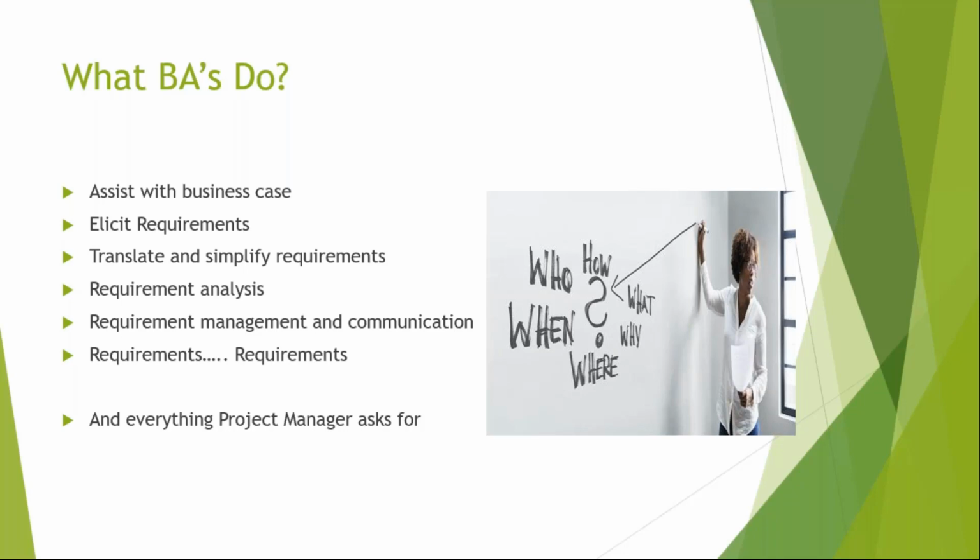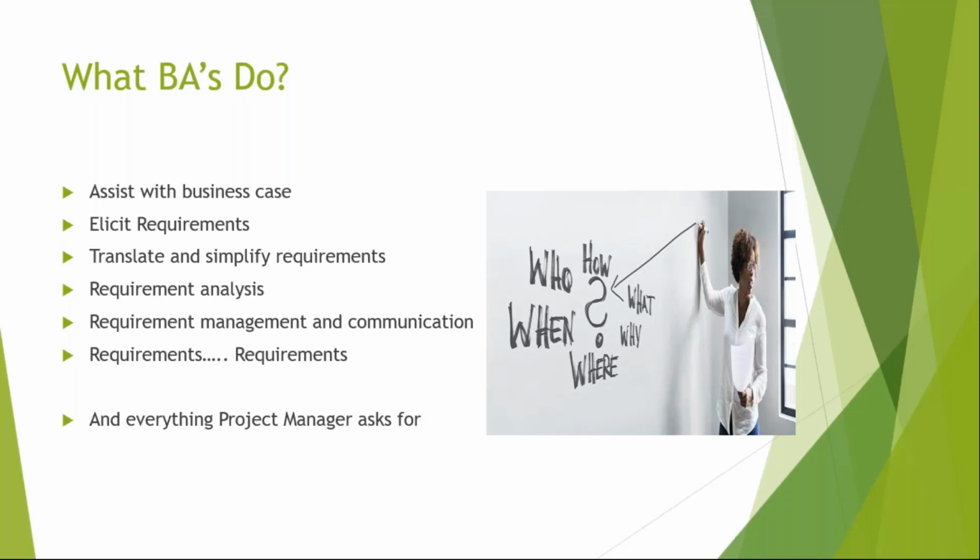Now, once we have started working on the elicitation, then we have to translate and simplify those requirements. And how we do it is by using the use cases or the process mapping to give more meaning to the requirements, because if it's just text, it's not as effective as the diagrams for some of the users.